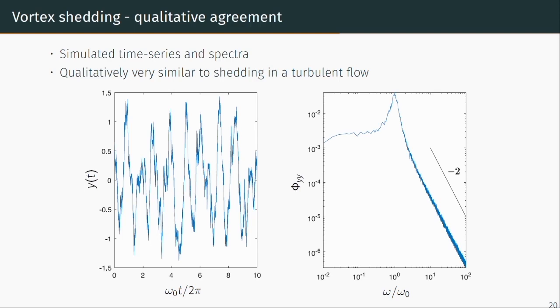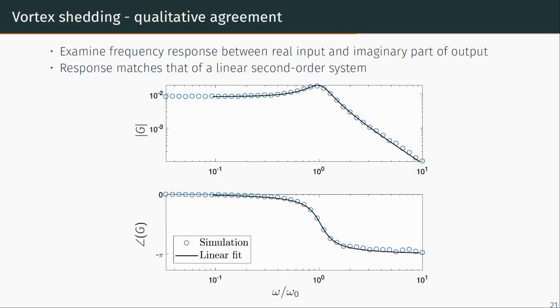But in terms of this model, it might give us a good qualitative description. But what we're really interested in is what does it tell us for feedback control and how we might apply our feedback control approaches that I'll discuss. So really, for that model, if you put in some harmonic input and then you measure, say, just the real or imaginary parts of the output, you find that it behaves almost perfectly like a second-order linear system.